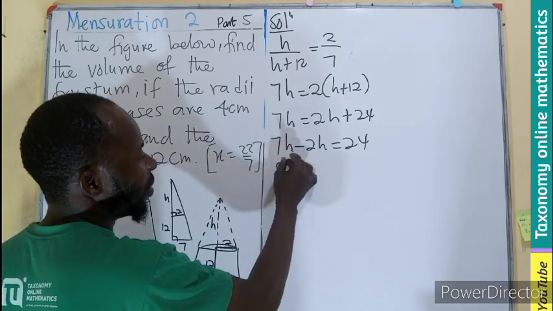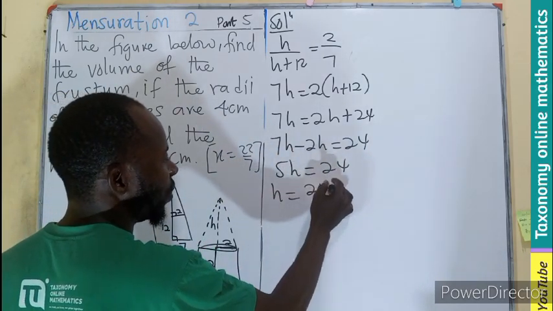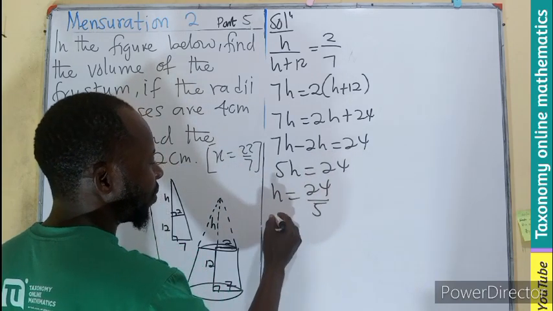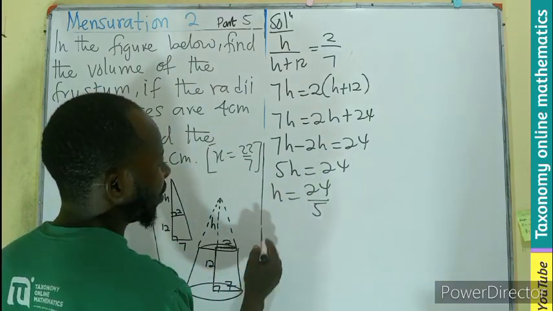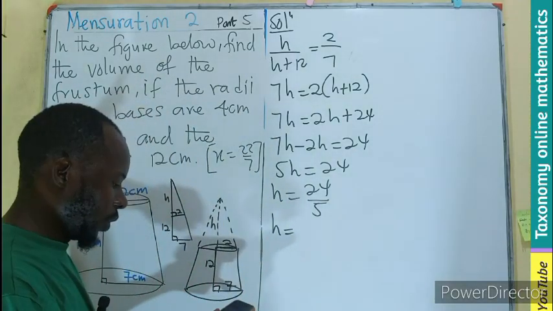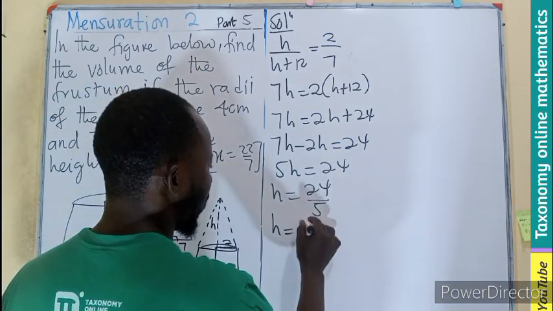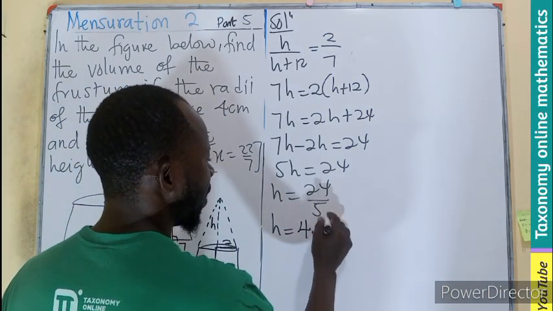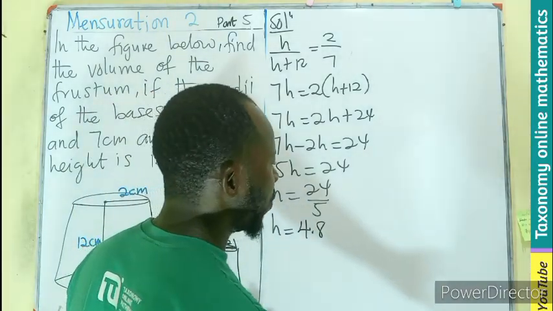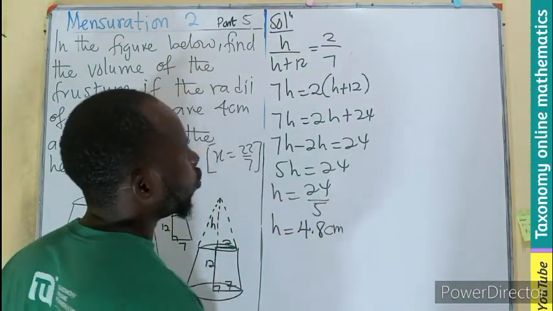What would that be? 5h equals 24, so h will be 24/5. 24 divided by 5 will give us 4.8, which if you approximate, you will get 5. So we add our centimeter to it.